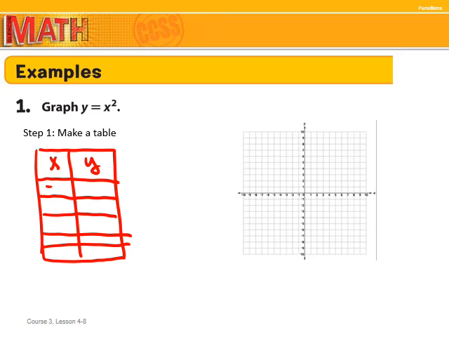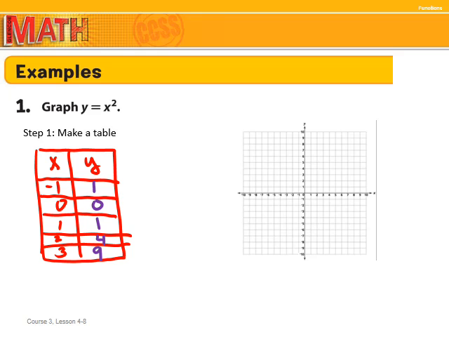Let's go with negative 1, 0, 1, 2, 3, and plug that in. Negative 1 squared is 1. 0 squared is 0. 1 squared is 1. 2 squared is 4. 3 squared is 9.